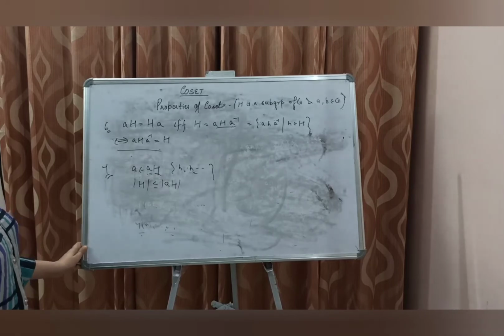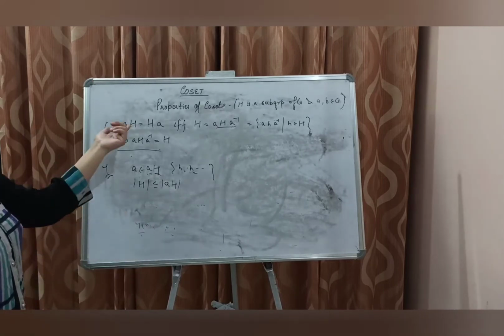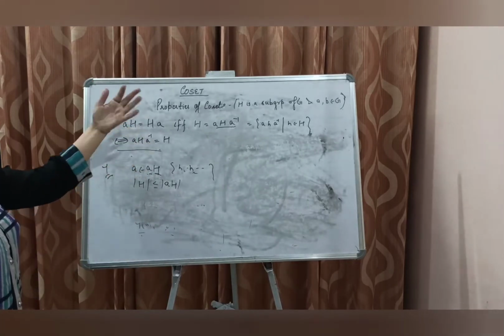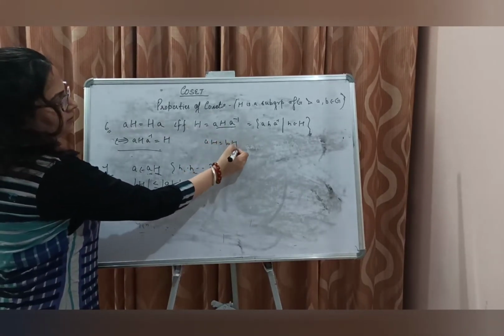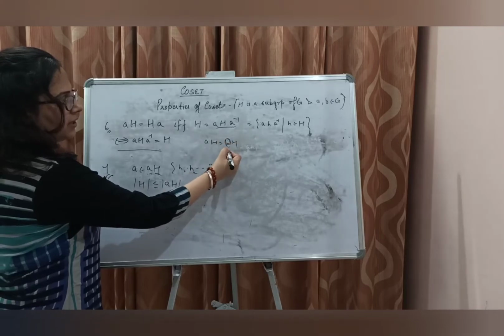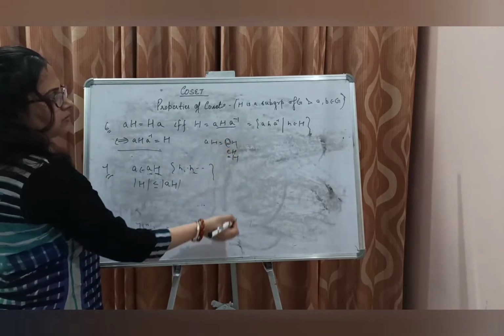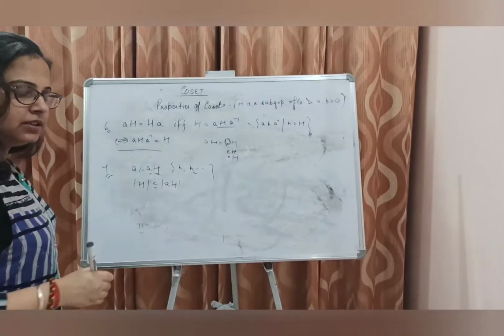Rather, we have already proved in the fifth property that AH is equal to BH. If you take B as identity, then this becomes H. Order of H will be exactly equal to AH.